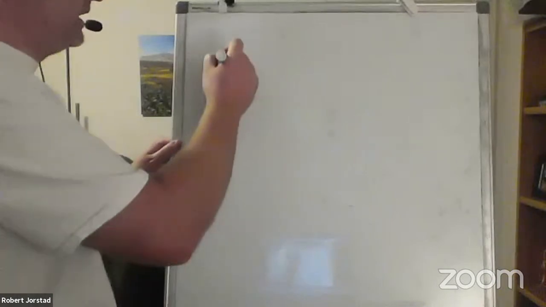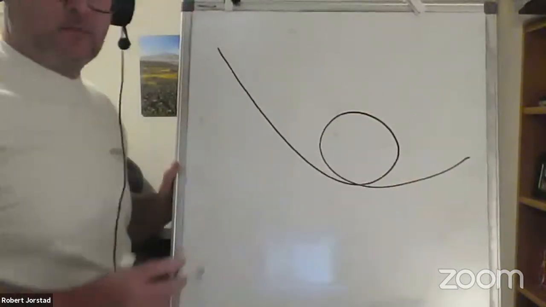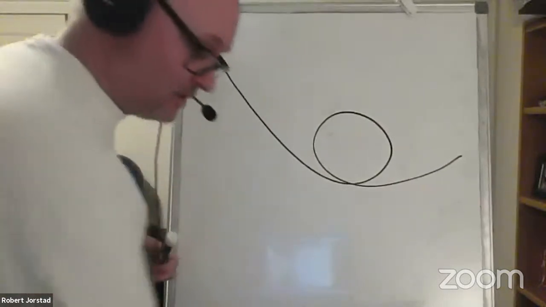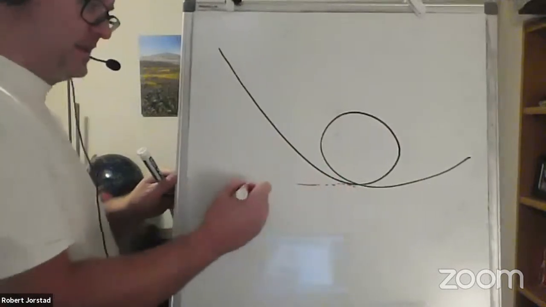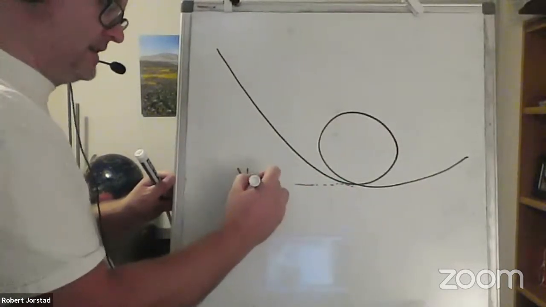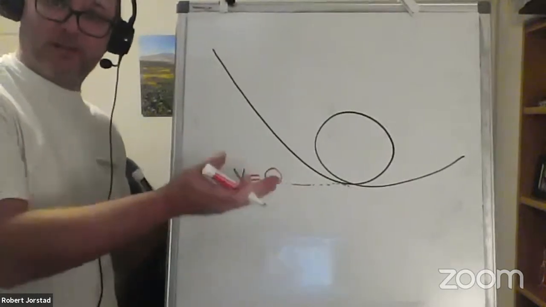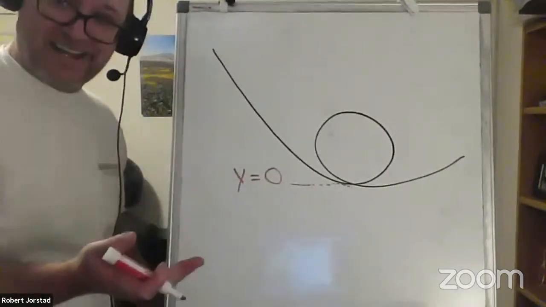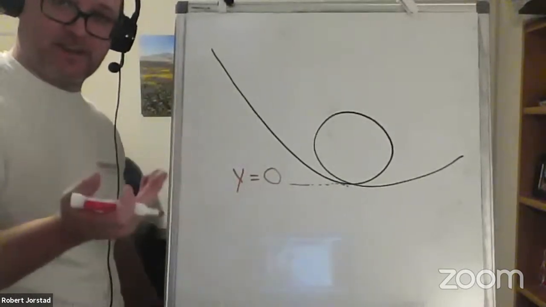So in this case, what I like to do, and you don't have to do it my way, is, unless there's a good reason otherwise, call this y equals 0. The lowest point in the problem becomes my reference level. Why? I don't like dealing with negative positions if I can avoid it.